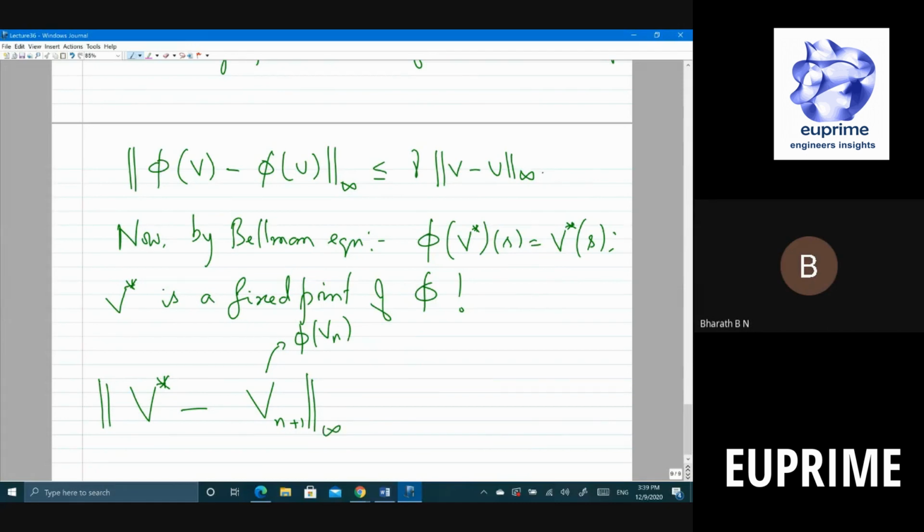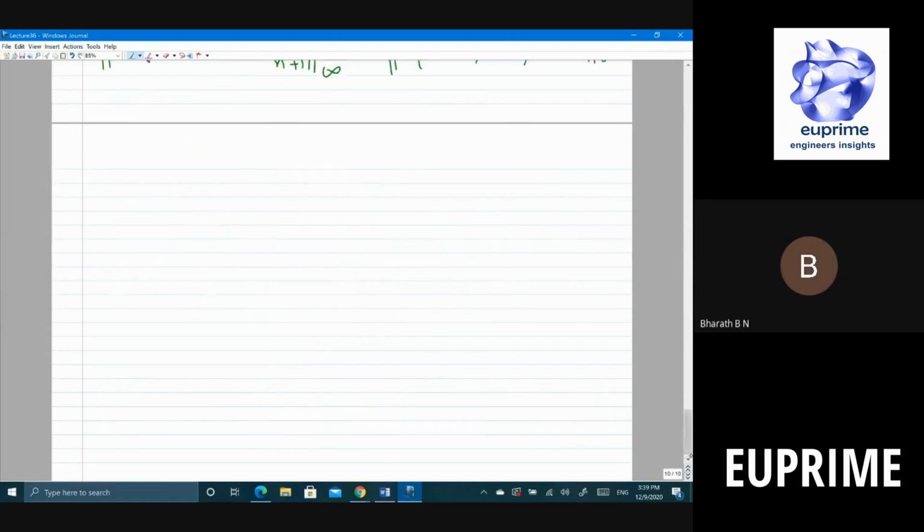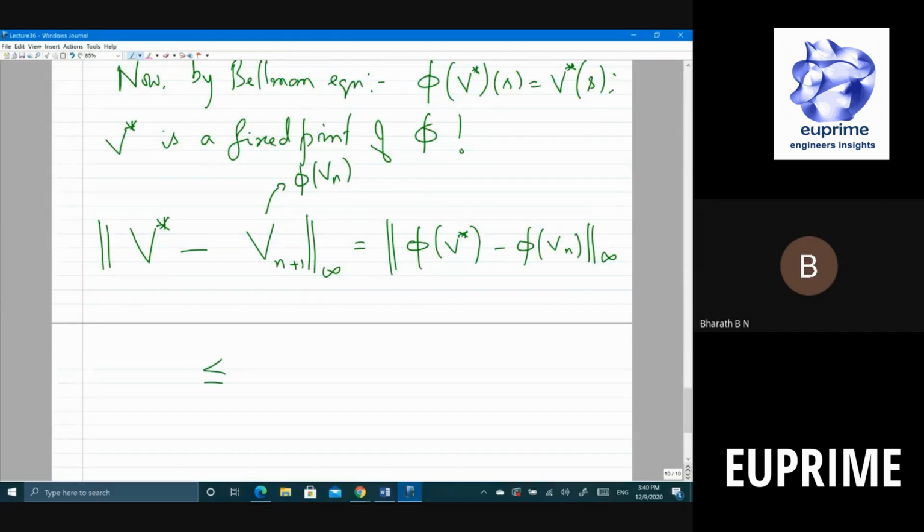Okay, so what is this? I can write v star as phi of v star, right? Because it's a fixed point. And vn plus 1 as phi of vn, right? In the infinity norm now. Do you agree? This difference is at most nu times the v star minus vn infinity norm.